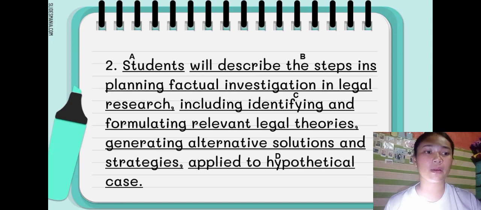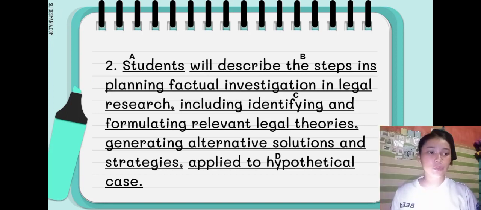So next example is students will describe the steps in planning factual investigation in legal research, including identifying and formulating relevant legal theories, generating alternative solutions and strategies applied to hypothetical case. So the students here is our audience.